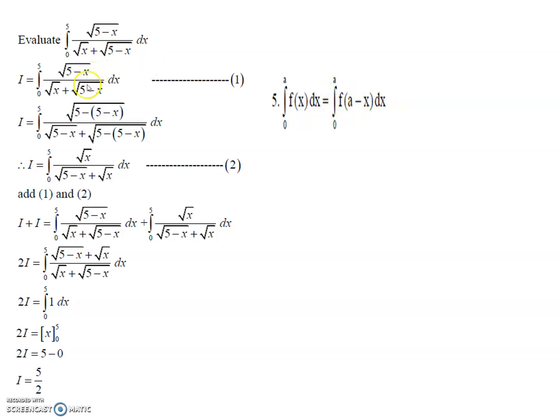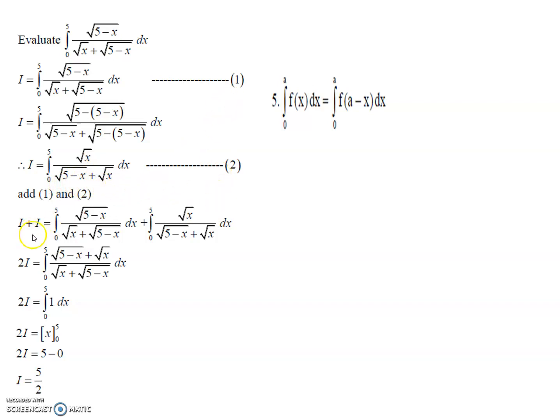So instead of x, we have to put 5 minus x. So here root of 5 minus x upon root x plus root 5 minus x becomes root of x upon root of 5 minus x plus root of x. Common terms get cancelled, 5 gets cancelled. In the numerator we have root x, and in the denominator we have root of 5 minus x plus root of x.